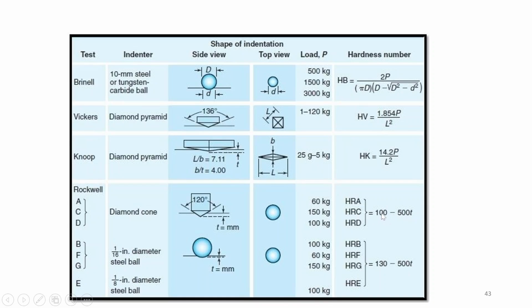As I told earlier in one of the questions, N minus h over D, where N and H are the scale factors. For the A, C and D scales, 100 and 500 are used, and for the B, F, G and E scales, 130 is used. T is your depth of penetration.